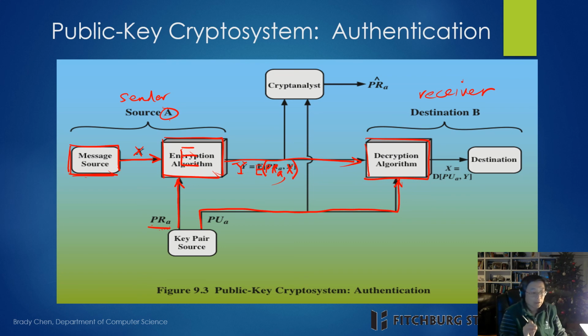Keep that in mind: if you encrypt with one of the keys, either the public key like the previous scenario, or the private key like in this authentication scenario, then the decryption has to use the other key generated by the same person. So the sender has a public key, PUA, and the private key, PRA.